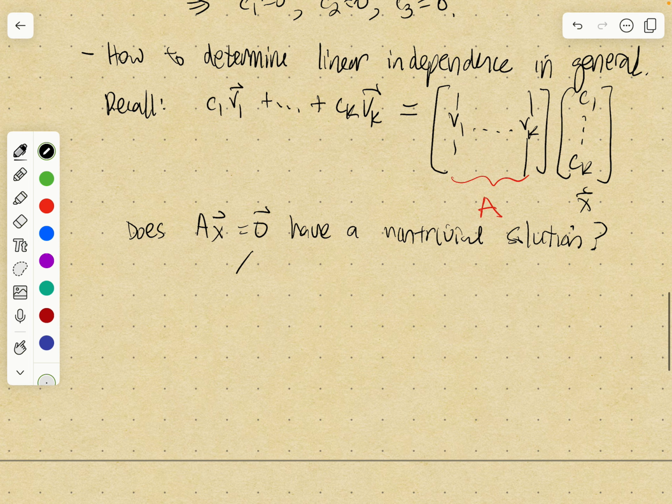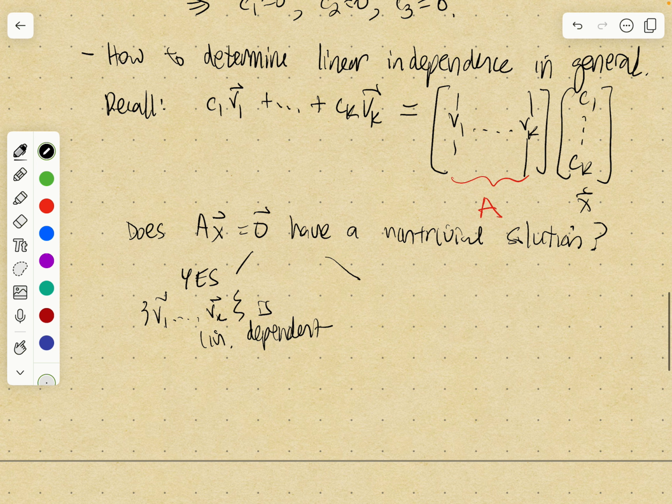If the answer is yes, then the set v1 through vk is linearly dependent. If the answer is no, then the set v1 through vk is linearly independent.